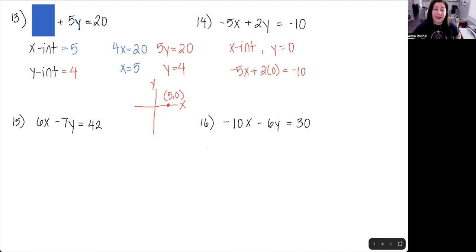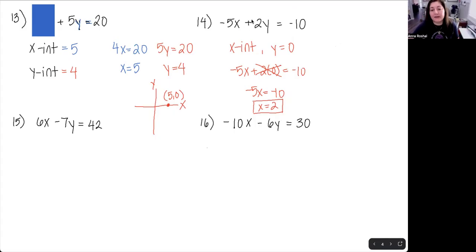But I know, and you know, because you're taking 8th grade course 3 math, that 0 times anything is 0. So this is going to go away. So I'm going to have -5x equals -10. So then x is 2. So my x-intercept is at (2, 0), or just 2.